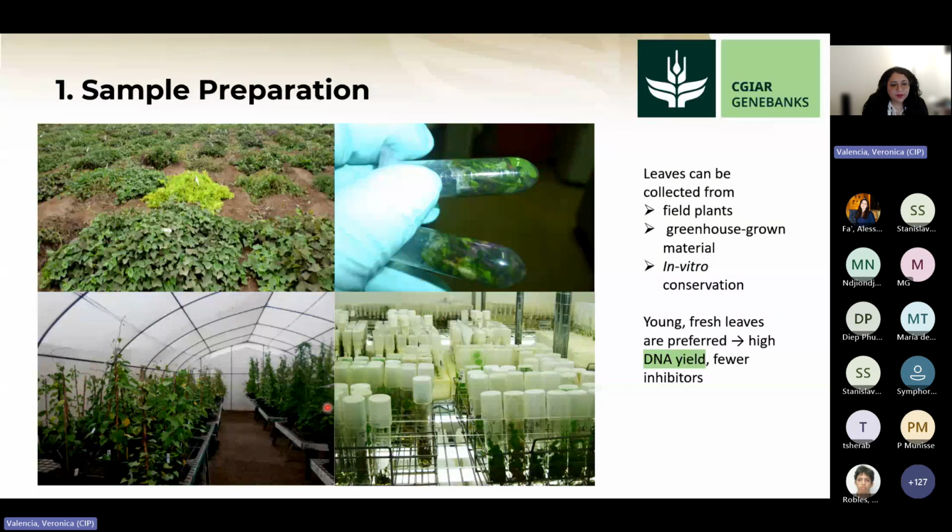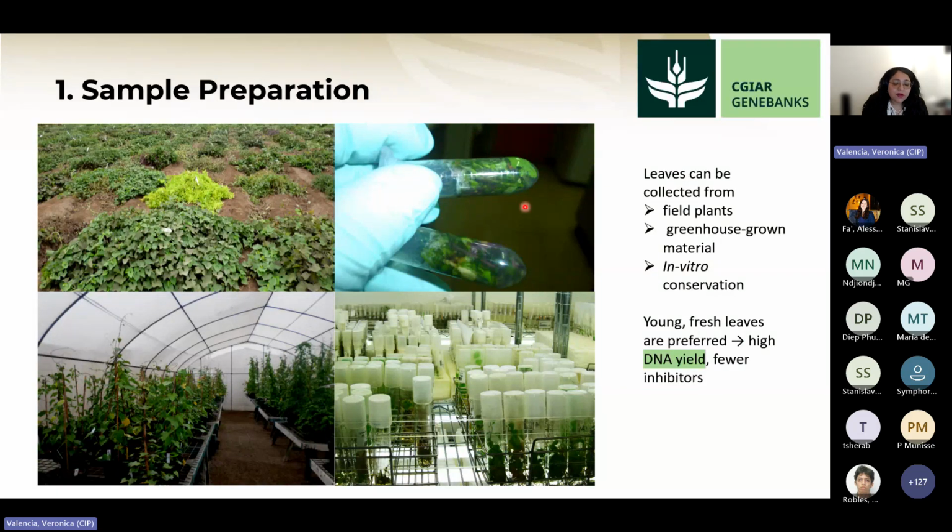And since we work at the Genebank, here at the Genebank, we have in vitro material. So as Ronald said, we mostly use and prefer young and fresh leaves because they normally produce high DNA yield and they have fewer inhibitors. So here you have a picture of how we have the material collected in CIP.